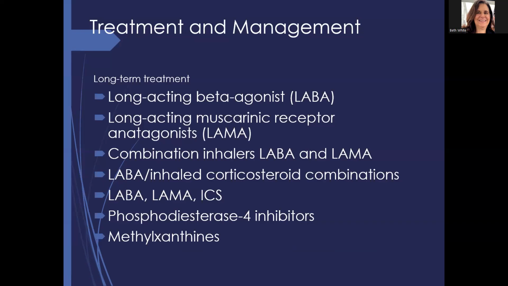And very often our patients are on those triple meds, the LABA/LAMA/inhaled corticosteroids. Some patients, phosphodiesterase inhibitors will work. And some patients, even methylxanthines, although they aren't used very often anymore.